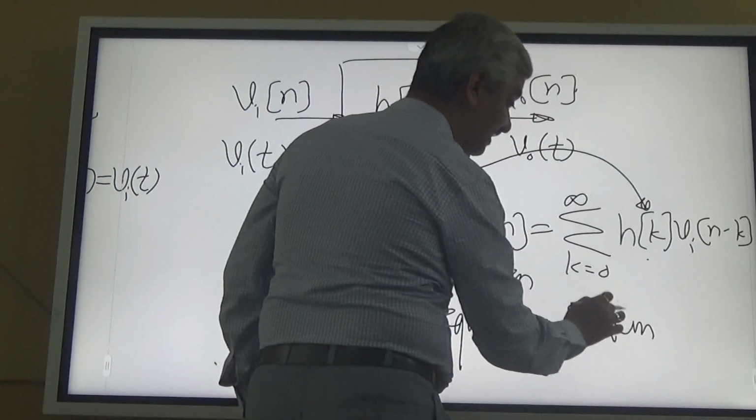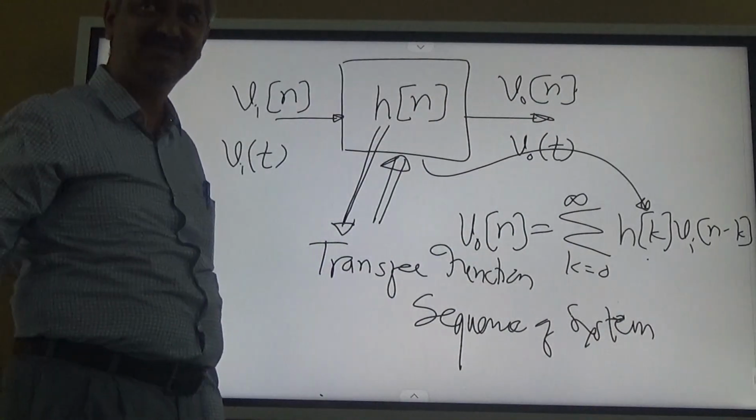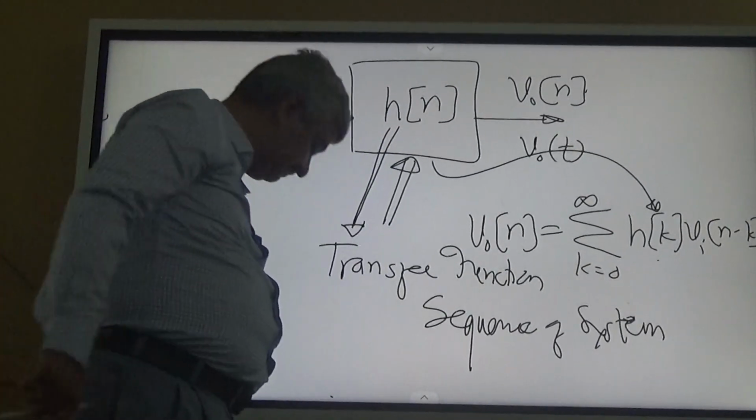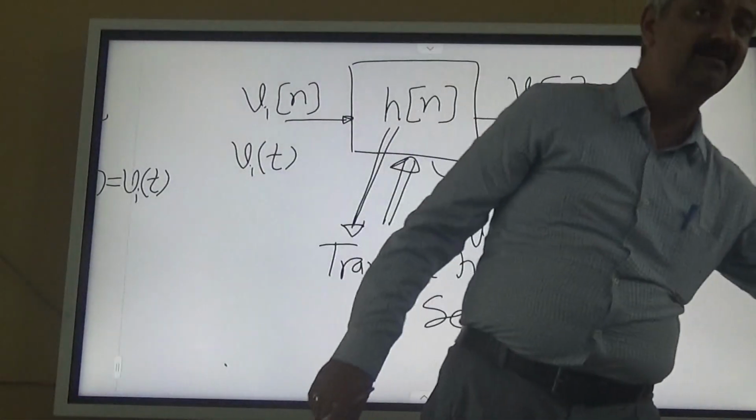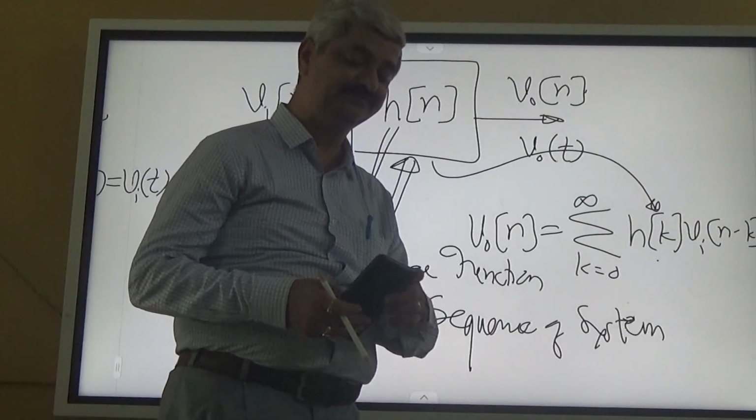So what is a linear system, how does it operate? What is the output sequence of a linear system?